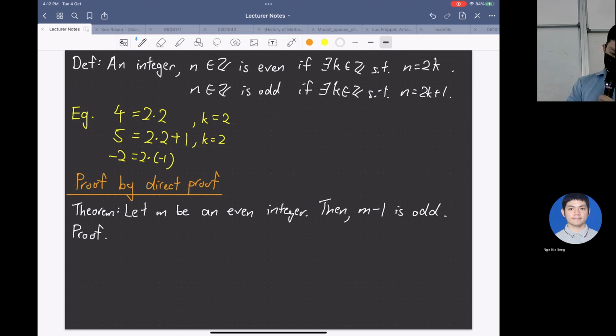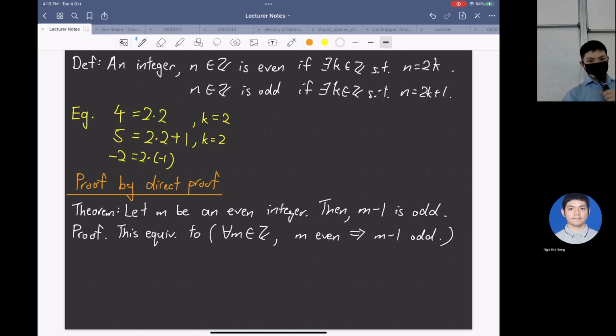Since you already learned predicate logic, you can say that this is equivalent to: for every m in the set of integers, m even implies m minus 1 odd.